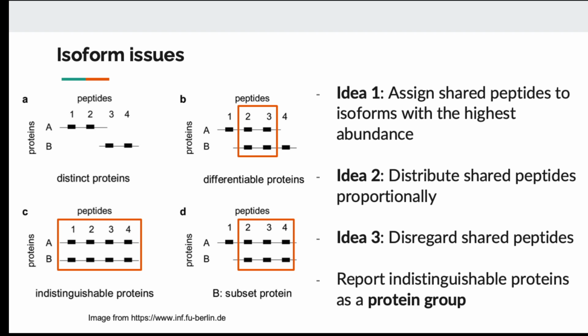And one thing that you will see for proteomics, instead of reporting abundance per protein, they're going to report abundance per protein groups, okay? A group of multiple proteins. So in this case, when you see protein groups, it means that these are proteins that cannot be distinguished from each other based on the peptide that you can detect.